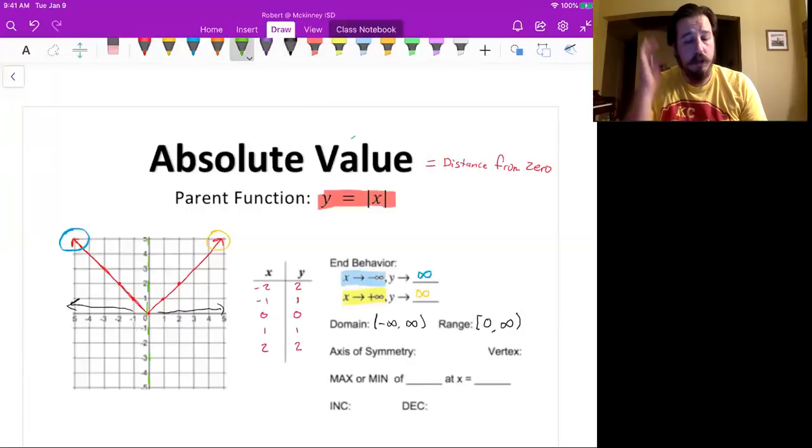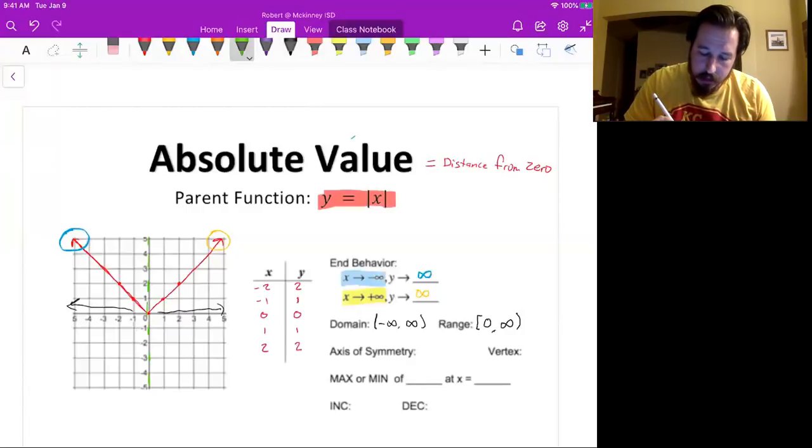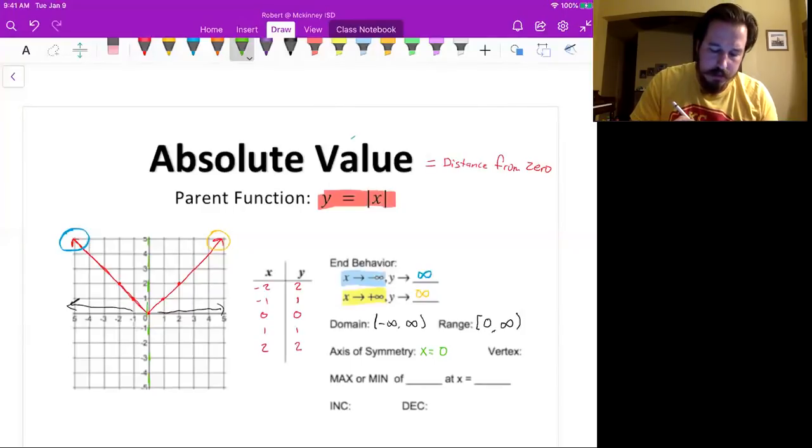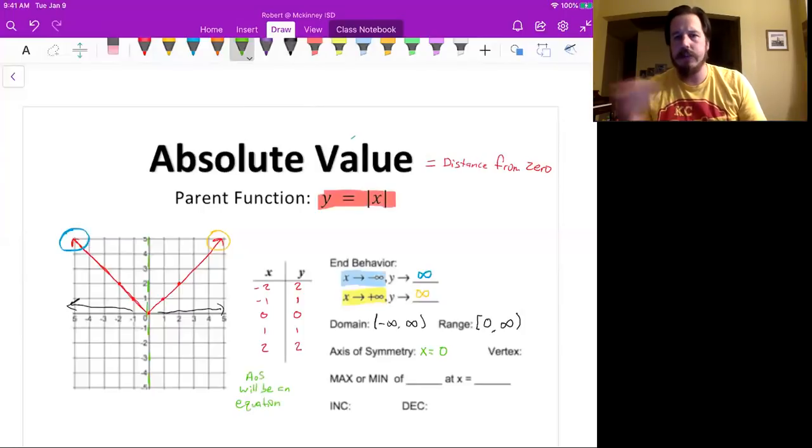So for the parent function, my axis of symmetry is x equals 0. A thing to note, your AOS will be an equation. Okay, and it is x equals.